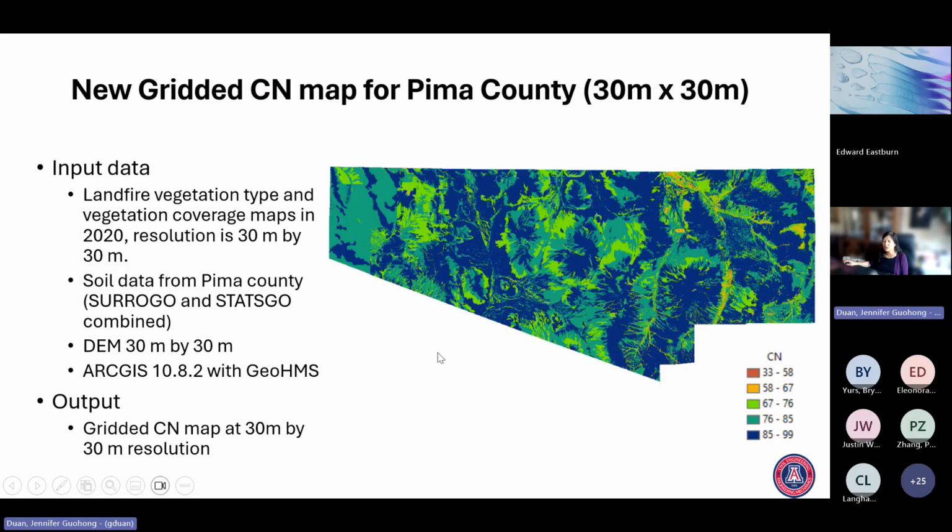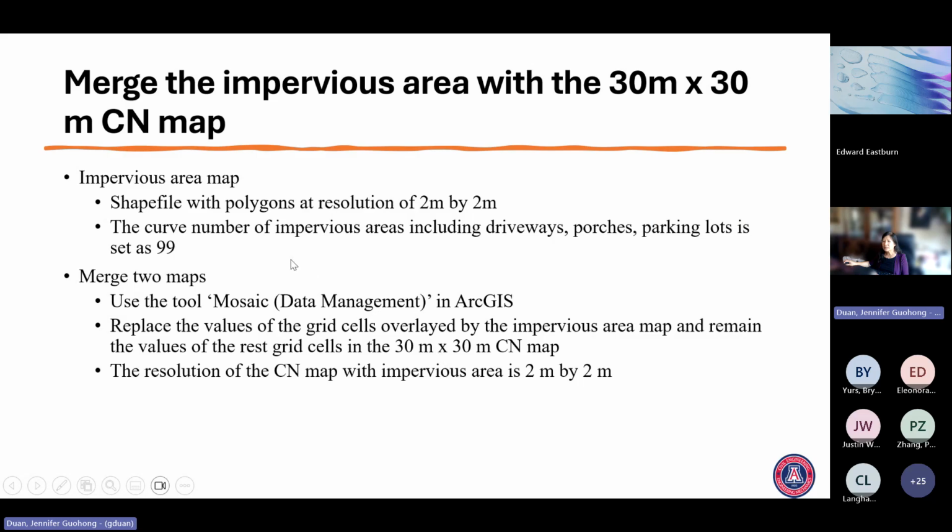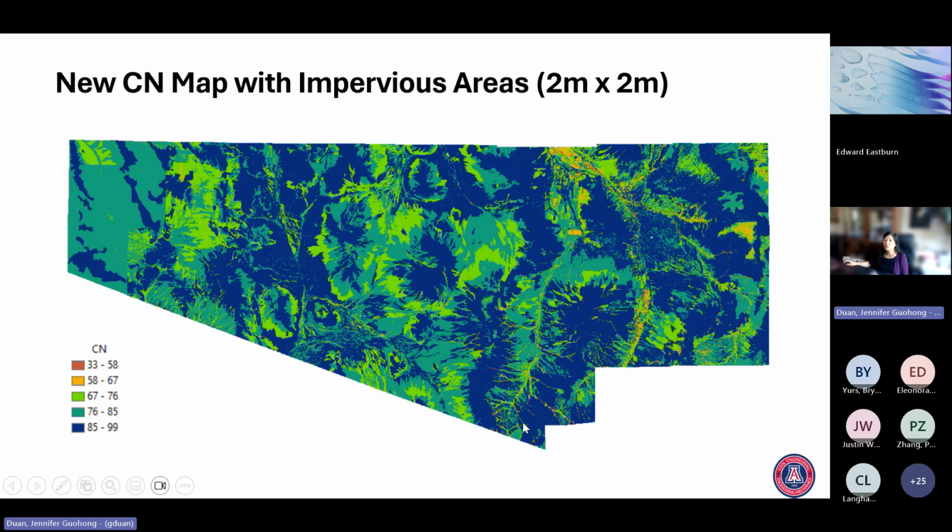So we continue to look. And here, we merge the impervious area with the 30-meter by 30-meter map, because impervious is the urban land use part, and our cities are impervious. And we use the impervious area, we break this 30-meter by 30-meter map into a 2-meter by 2-meter map. Then it is too big.